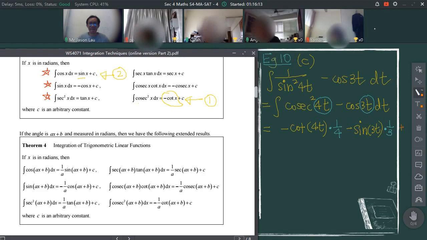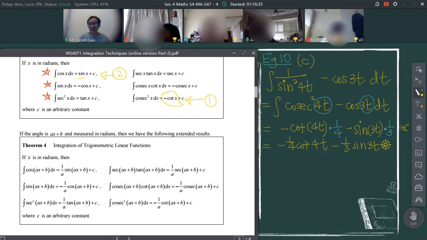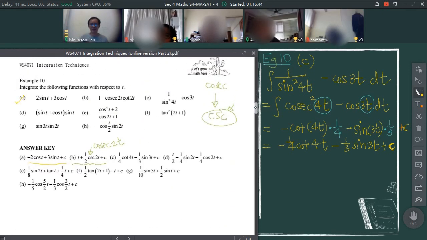Can yeah. So where's the plus C? Then we simplify a bit. So we get plus C. Then we get negative 1/4 cotangent 4t minus 1/3 sine 3t plus C. So check the answer.